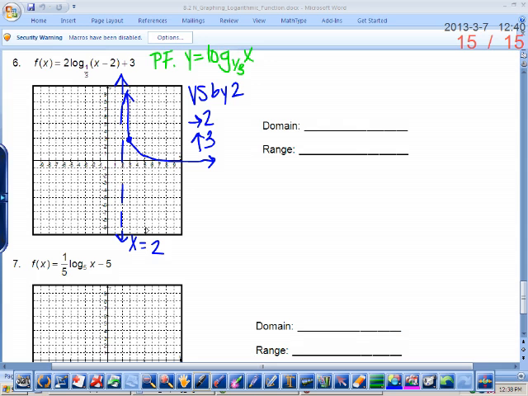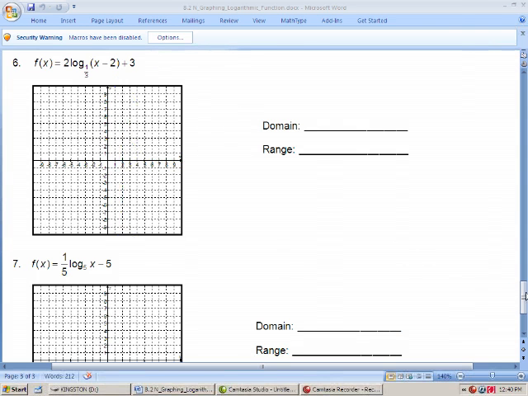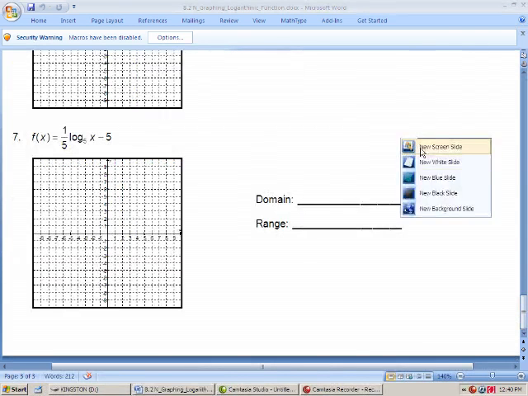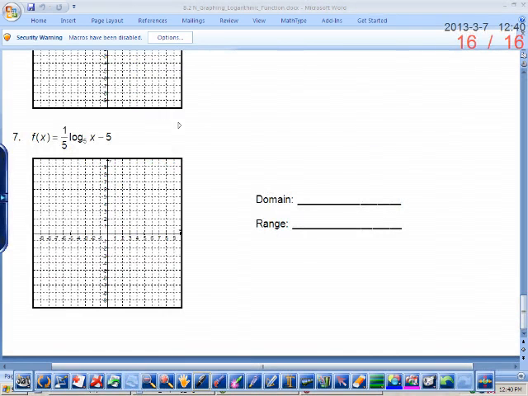Okay. All right, let's talk about number 7. What's the parent function? Y equals log base 5 of x. Good. What are the transformations? Okay, we have a vertical compression by 1/5.